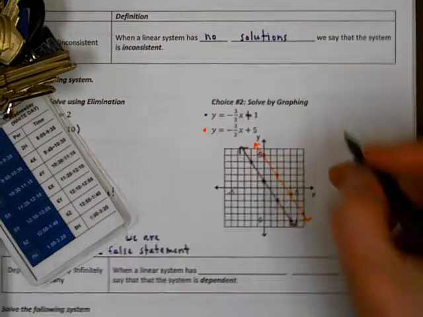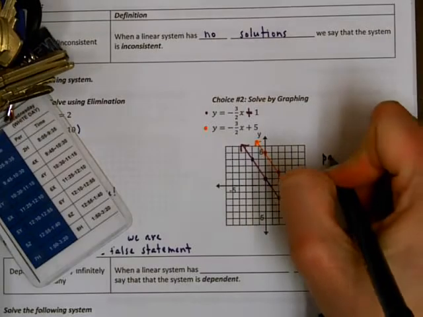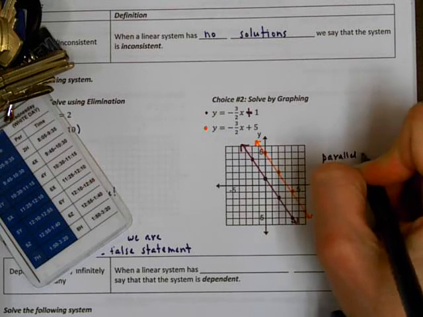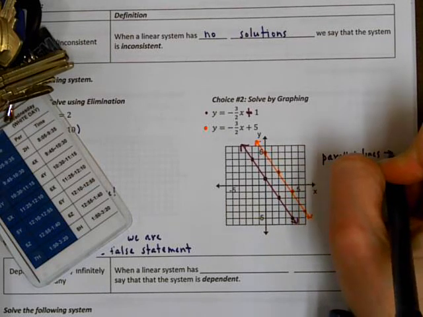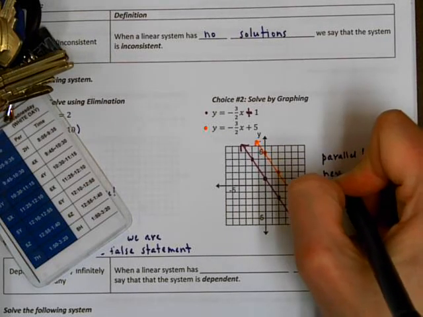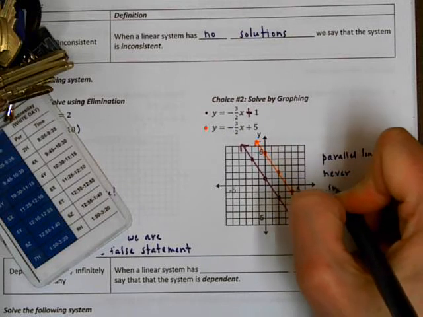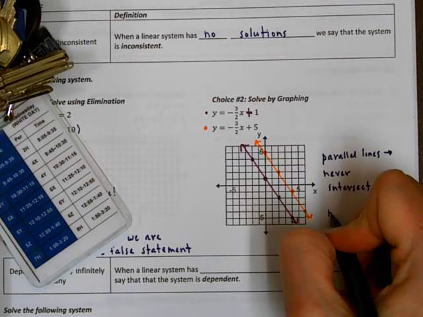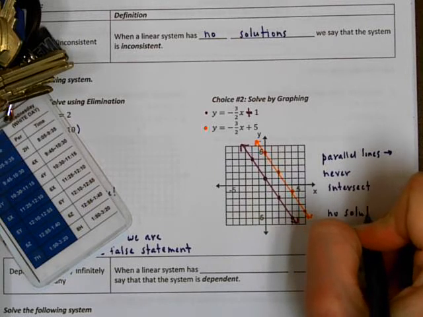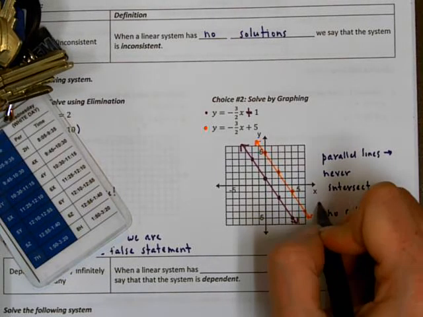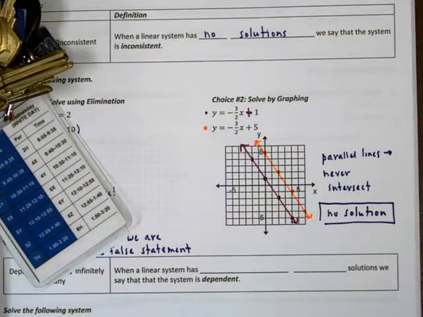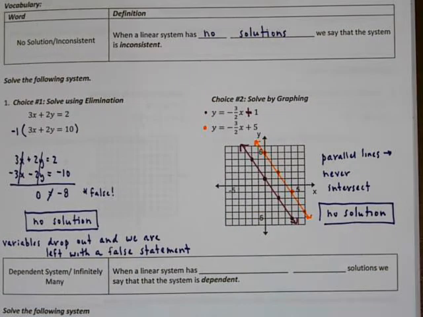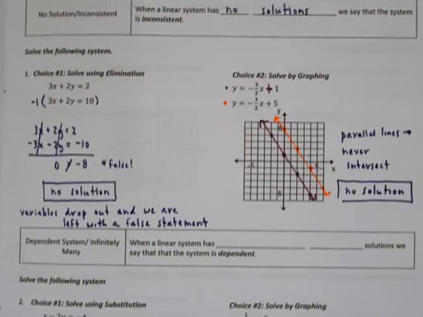So in this case, we have parallel lines. And we know those lines never intersect. So when that happens, we say there's no solution. Okay, so that's an example of how we're going to recognize when we have systems that have no solution.